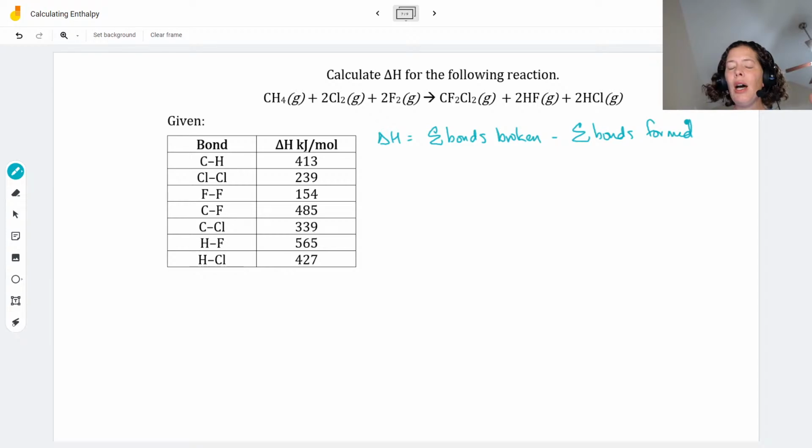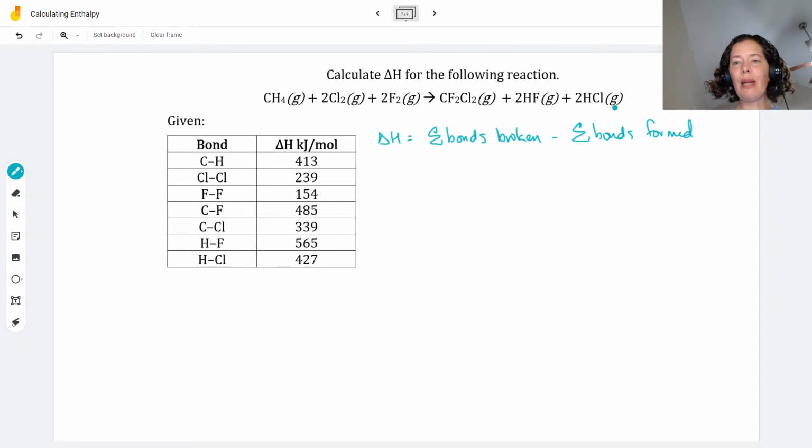Okay. The best way to do this, I find, is to take your reaction here, especially this one, it's just written with molecular formulas, and translate those into Lewis structures. So you can see what bonds are being broken and what bonds are formed.